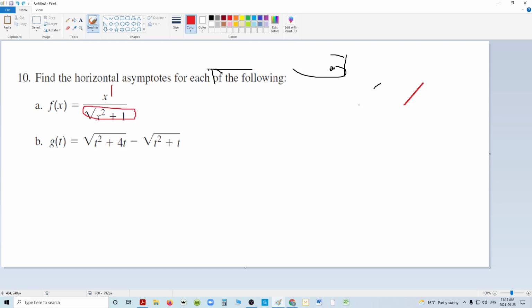It doesn't have any vertical asymptotes. That's interesting stuff. And you might think this shouldn't either, but it's actually a square root, so it will. Those are damn good questions.